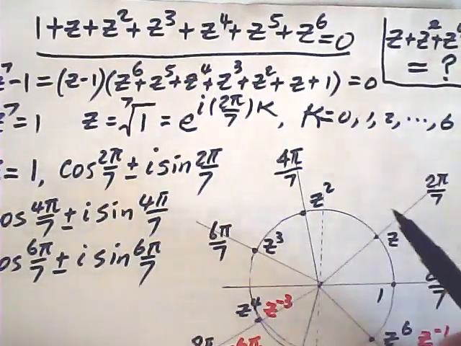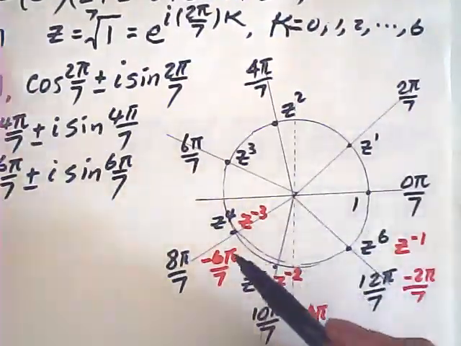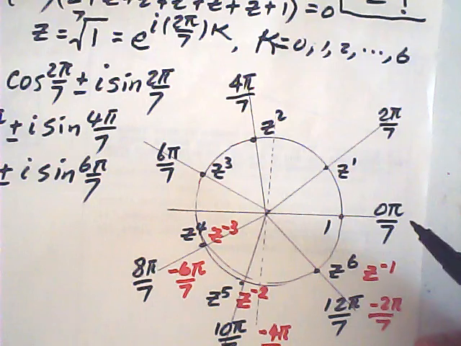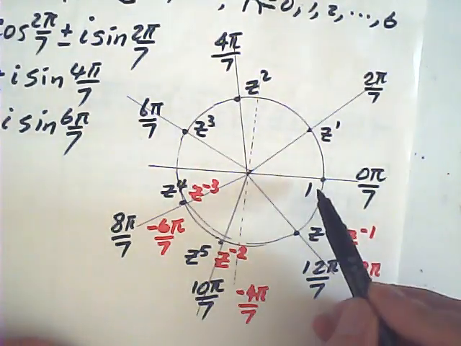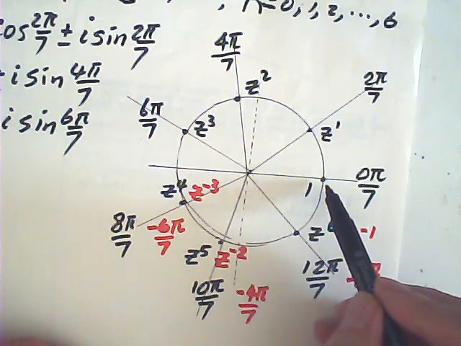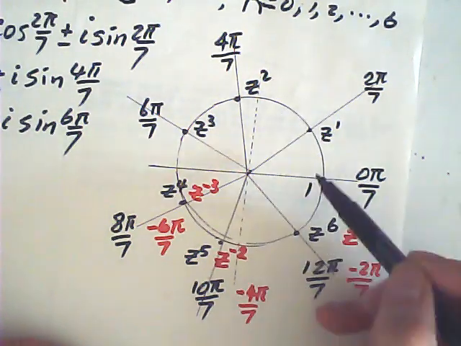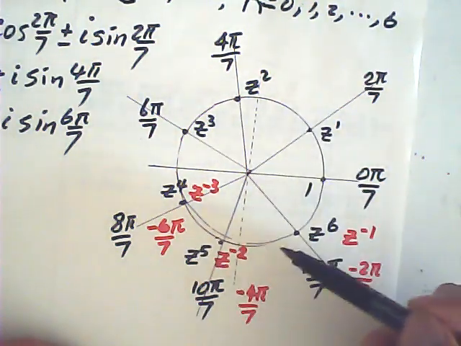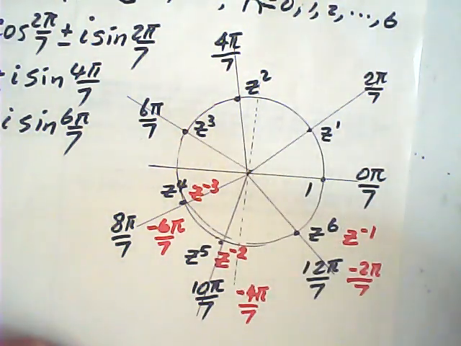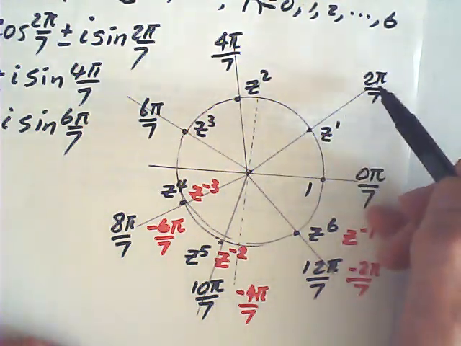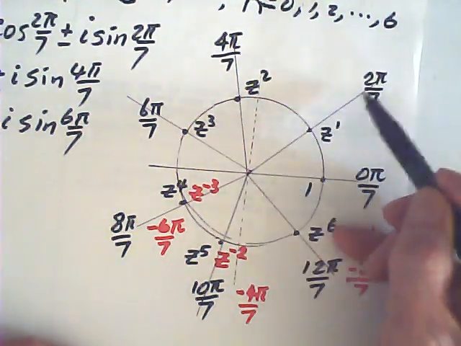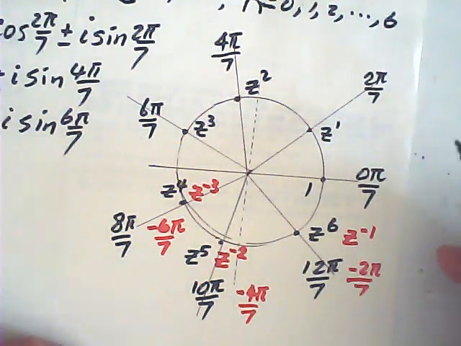Now if I use the unit circle, I can show these 7 roots, right? This is the unit circle, radius equal to 1. This is the 1 root. The other 6 roots are just distributed over this unit circle equidistantly. So this is z first power, which has argument 2 pi over 7.